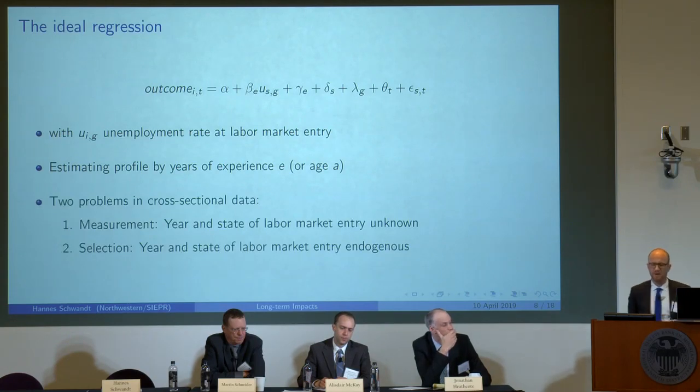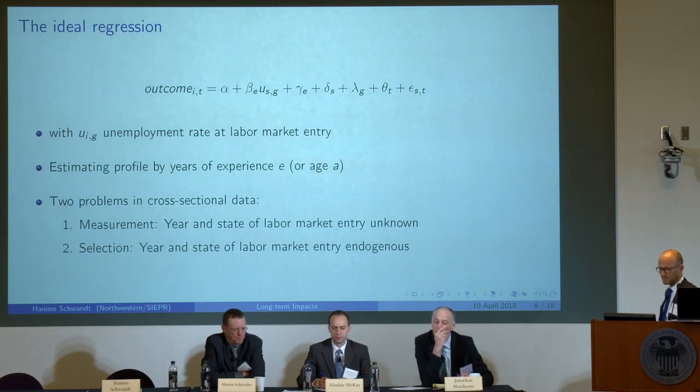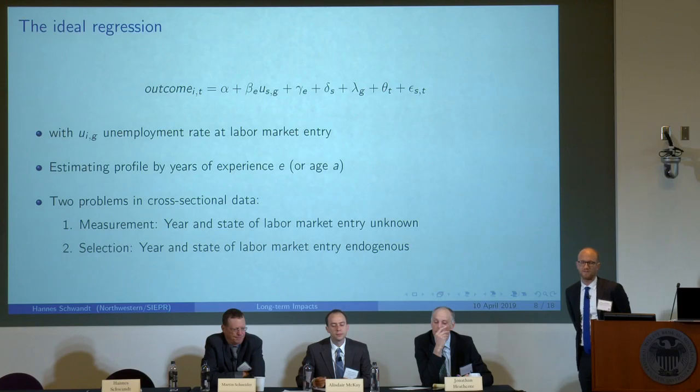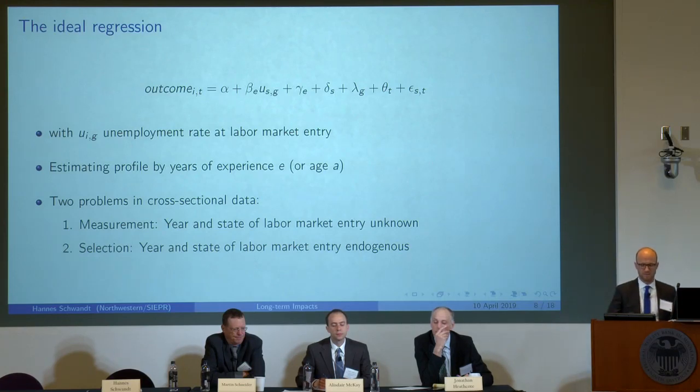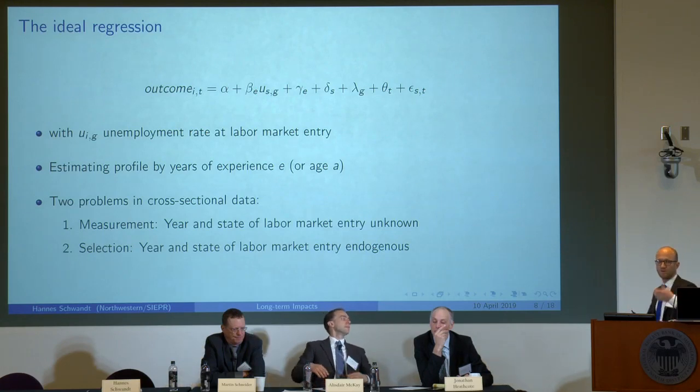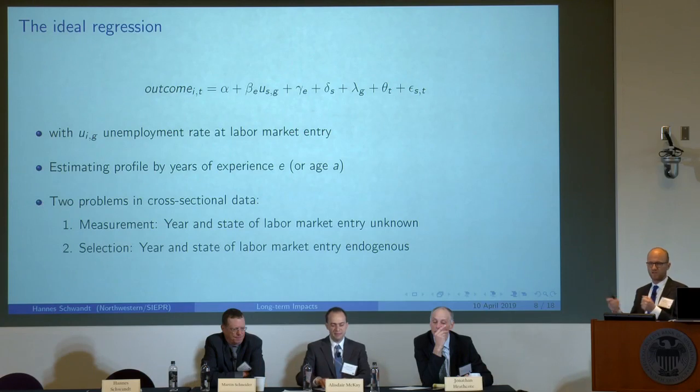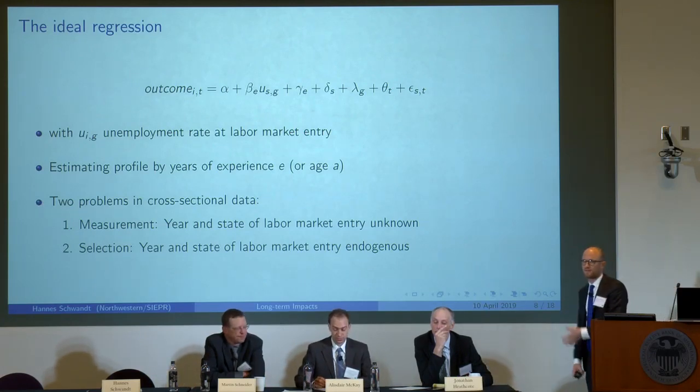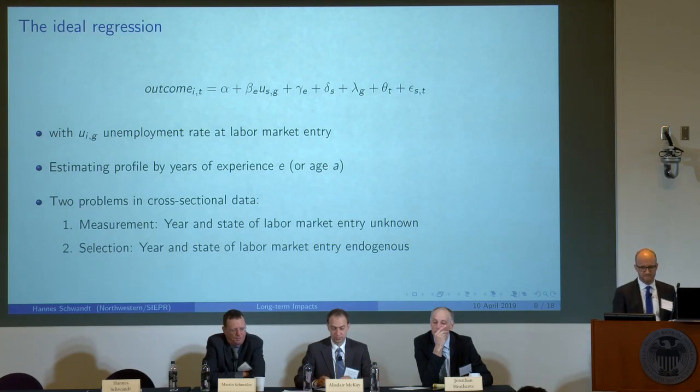What are problems with this ideal regression in cross-sectional data? First, usually we don't know the year and the state of the labor market entry because people don't report that. In longitudinal data, we could just observe when and where people transition from education into the labor market, but we can't do this retrospectively in the census or in the vital statistics.